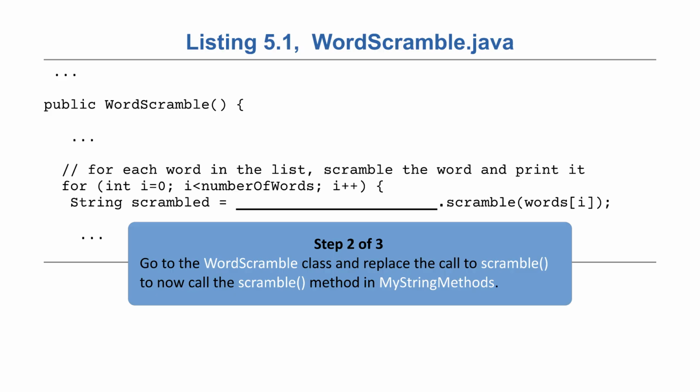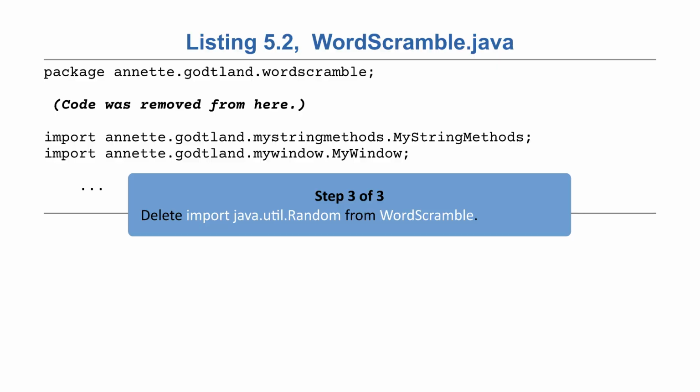Hint: use Eclipse's Quick Fix to import the MyStringMethods class. Word Scramble no longer needs to import java.util.Random since it no longer uses the random variable. Finally, delete import java.util.Random from Word Scramble. Run it. What happened? It should have scrambled all 12 words as it did before the start of this lesson.